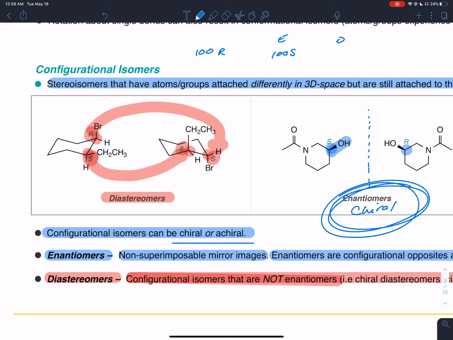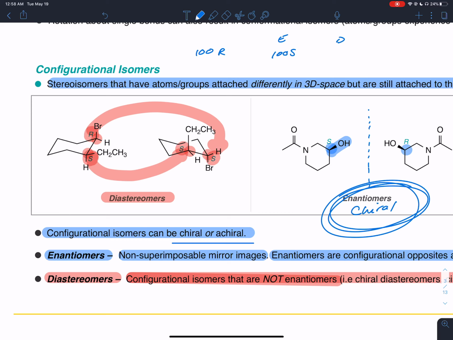But an example of a diastereomer might have 87 R and 13 S, or you could have 50 R and 50 S configurations, and that would also be a diastereomer of your reference molecule, which had 100 R asymmetric centers. So diastereomers can have 1 or 2 or 3 or 4 different, but they won't be configurational opposites at each asymmetric center. That would be an enantiomer, and they can't all be the same. Something is different, either 1 or 2 or 3, really depends upon how many asymmetric centers are in the molecule.